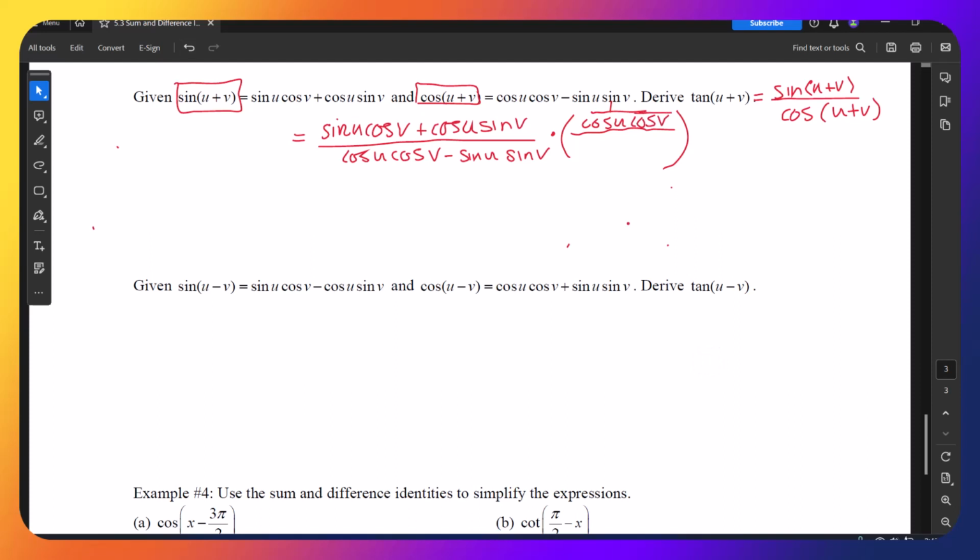And same thing at the bottom, 1 divided by cosine u cosine v. Let's see where that takes us.